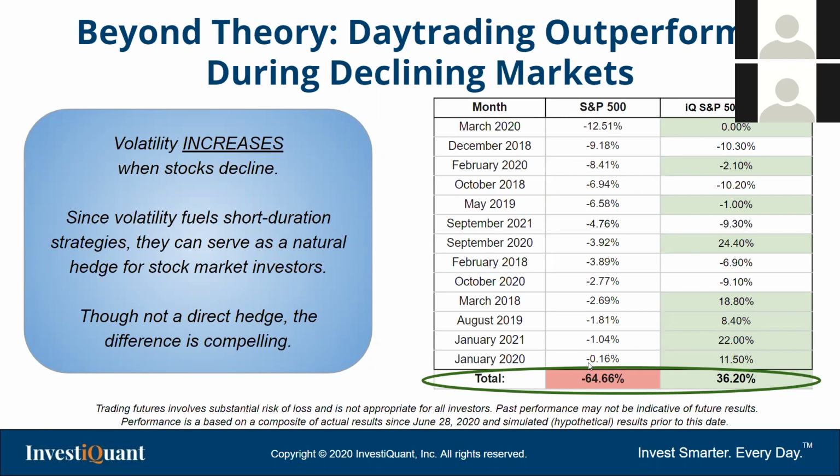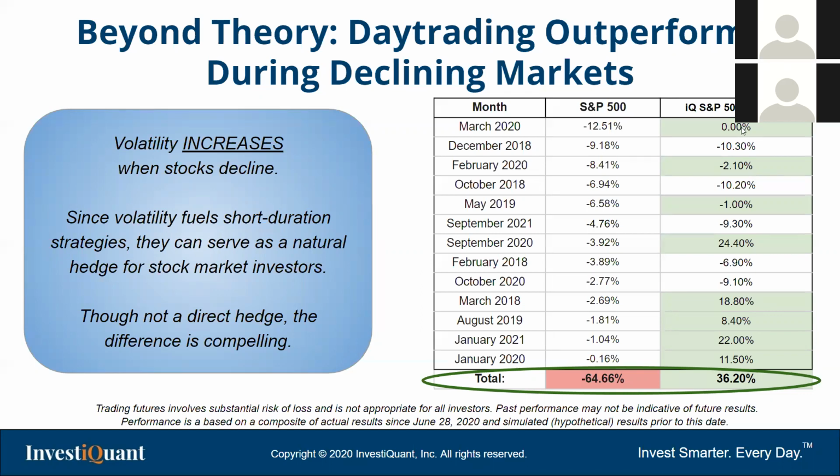Next to it, we've got the S&P 500 auto trading portfolio from IQ. What we're showing here is how you can take advantage of that volatility. It doesn't mean you're going to necessarily make money every time the market goes down, that's not necessarily true. But you can get lots of opportunity, which can result in huge outperformance when you need it most, which is when the market is going down.